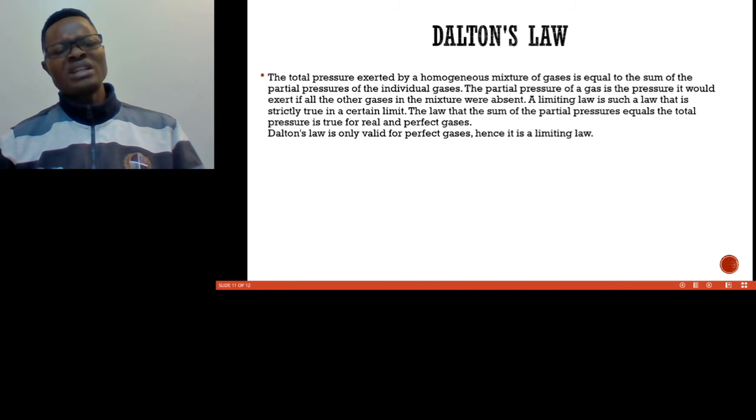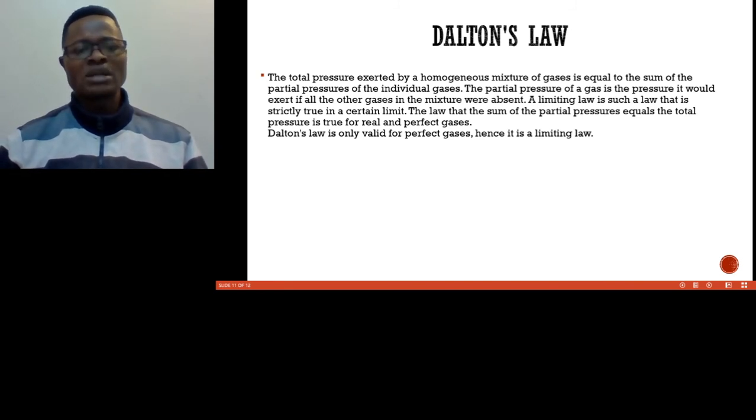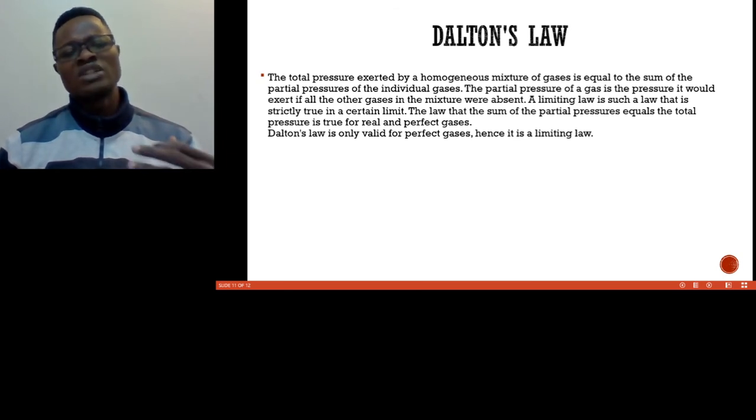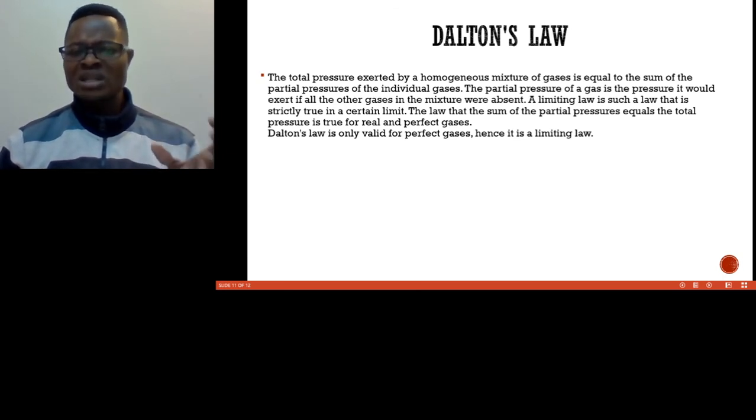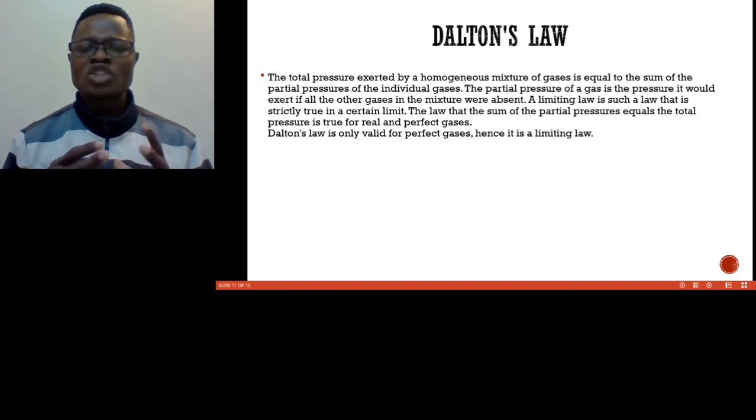So let us finally consider Dalton's law of partial pressure. The total pressure exerted by a homogeneous mixture of gases is equal to the sum of the partial pressures of the individual gases. The partial pressure of a gas is the pressure it would exert if all the other gases in the mixture were absent.